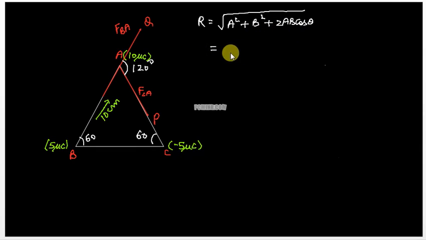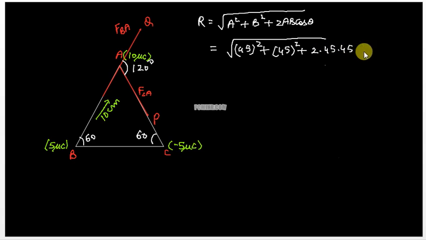So resultant force on 10 microcoulomb is going to be square root of 45 square, that's the first force square, plus the other force is also 45, so 45 square, plus twice of 45 and 45, and cos of 120.